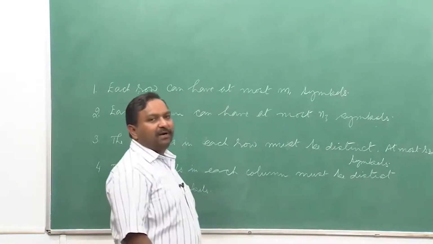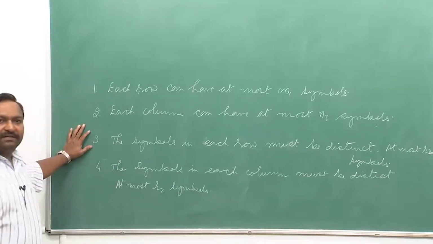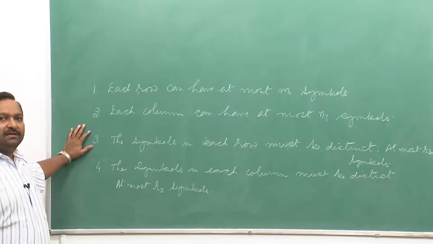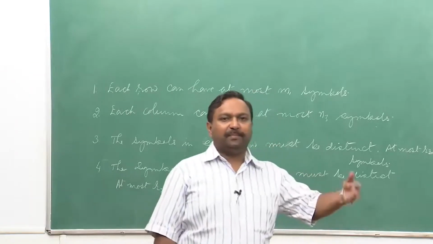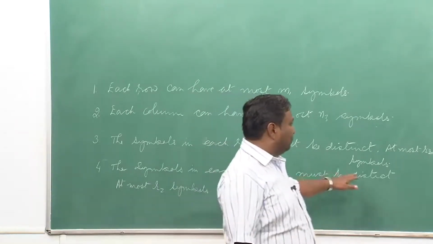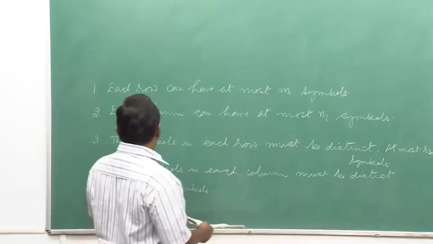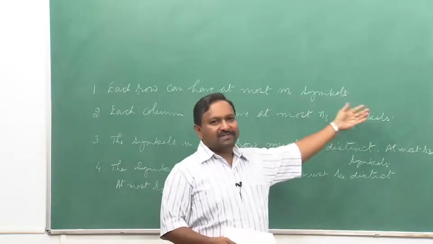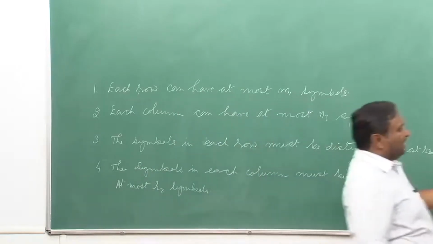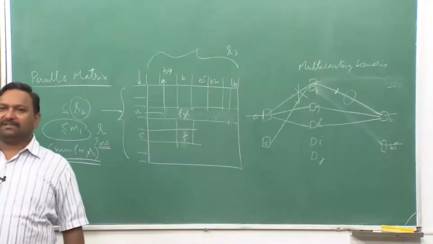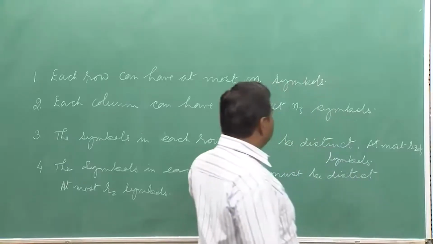In case we do allow multicasting, then I have to do away with the third condition, that the symbols have to be distinct in the row; they can then be repeated. So, there need not be at most R2 symbols, okay. And of course, each row can have at most M1 symbols, this condition will also not be true. I can repeat F multiple times and hence I can have more than M1 symbols. So, that binding condition goes away and they need not be distinct.